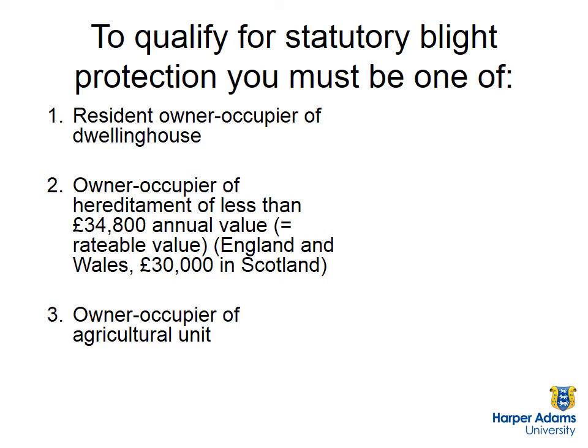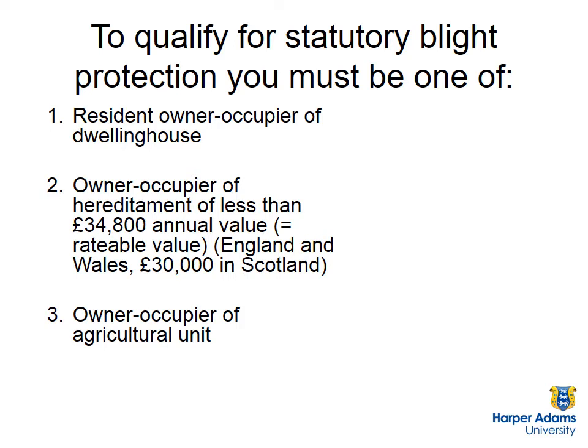And by owner-occupier, we mean somebody who has an owner interest in it. That most obviously means a freehold interest, but it can mean a leasehold interest if there is more than 3 years to run on that interest. In other words, anybody whose property has an annual value higher than £34,800, or who is not in occupation, or is only in occupation under a short lease, won't qualify for protection under the statutory blight procedures.